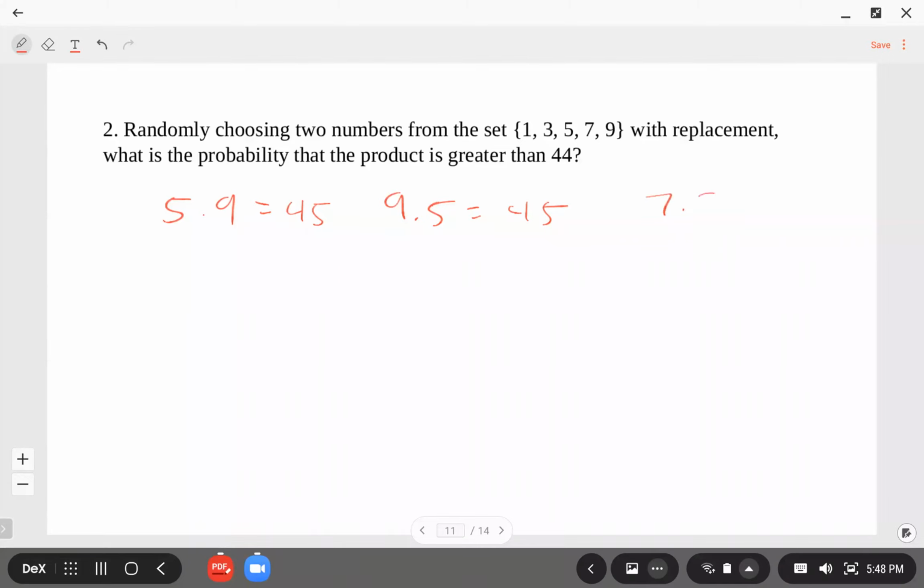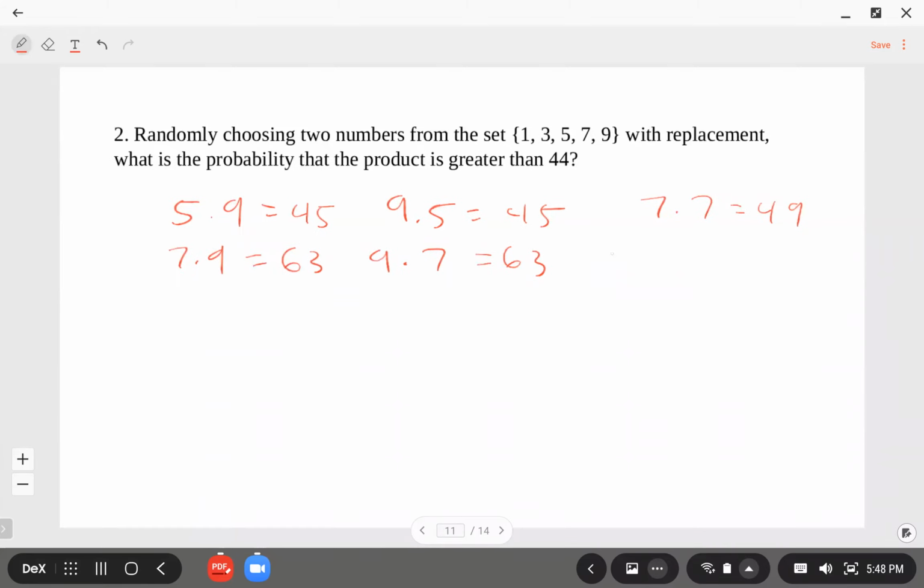Also 7 times 7 equals 49. Then 7 times 9, 9 times 7, and 9 times 9 is 81.